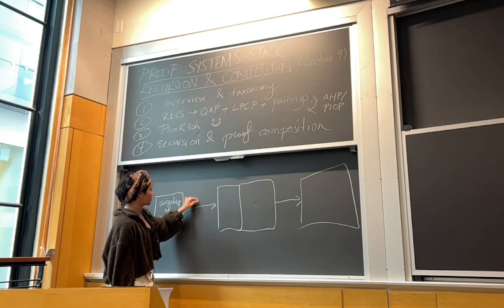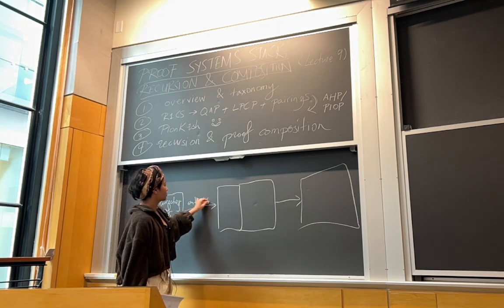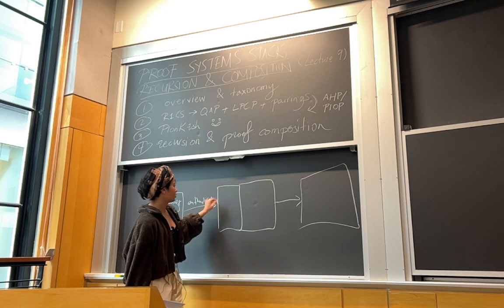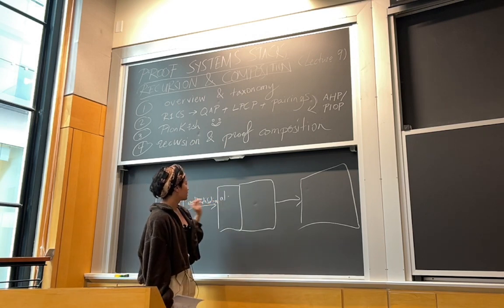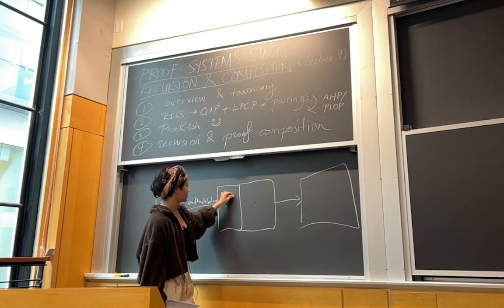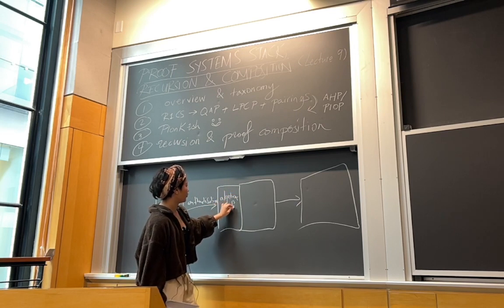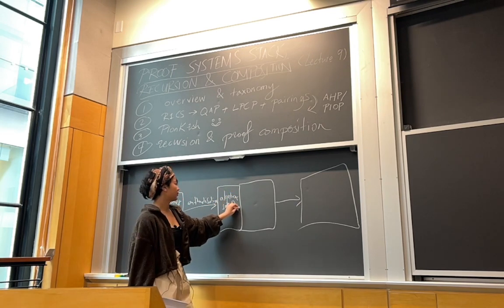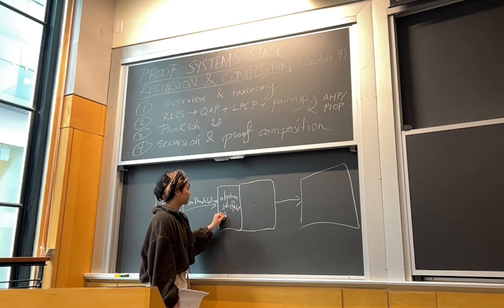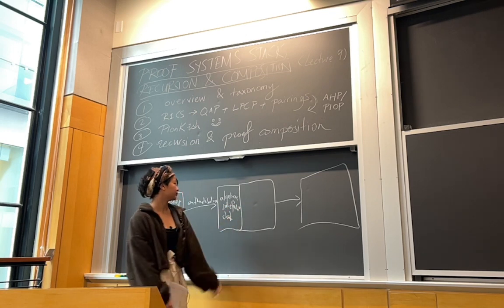We apply arithmetization in order to reduce this check to an efficient circuit satisfaction check. So this check can be done probabilistically. So for example, a probabilistic check of a single polynomial identity.